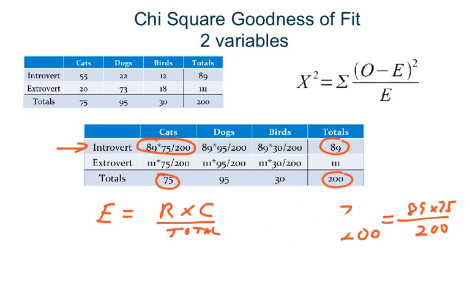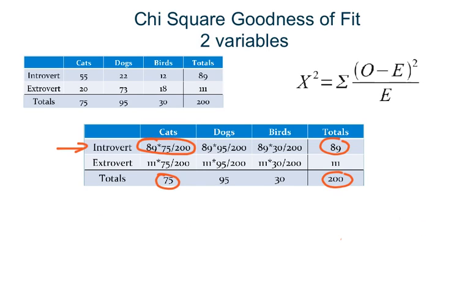I'm going to clean things up a little bit. And that's exactly what this particular table has done for you. We see here's that 89 times 75 divided by 200. Now, to find out the probability of being an introverted dog owner, we once again take 89 times our column total of 95 and divide that by our total.